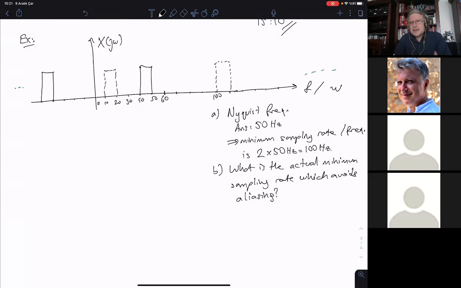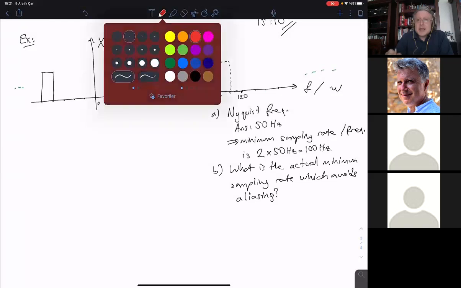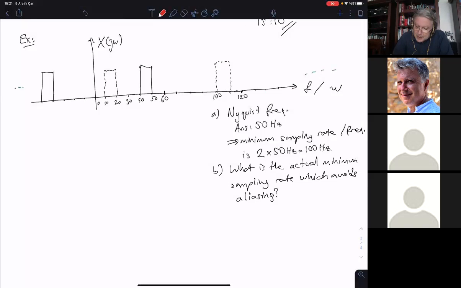Where is the second and maybe the third repetition? The second repetition is at 120 if 60 is the sampling frequency. So around 120, let me go 1, 2, 3, 4 to the left, and 1, 2, 3, 4 to the right. So it will be like this.